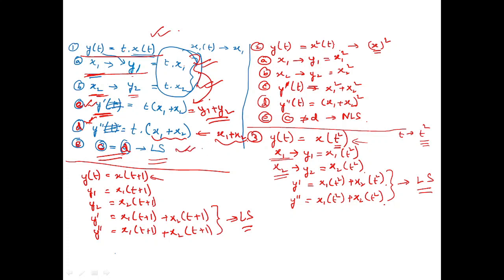Now coming to the next one, y(t) equals x squared(t). So when you give x1, you get y1 equals x1 square. You can also write it like this. For x2 you get y2, x squared 2, x2 square(t), and then y dash, what you get, x1 square plus here multiplied by this thing.